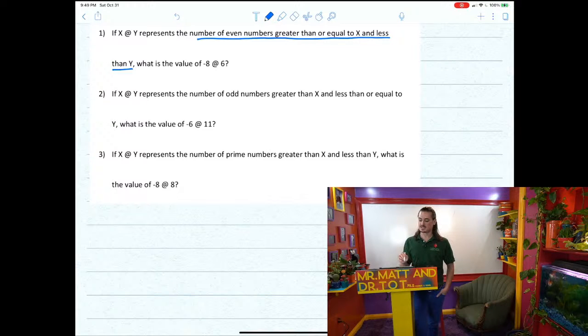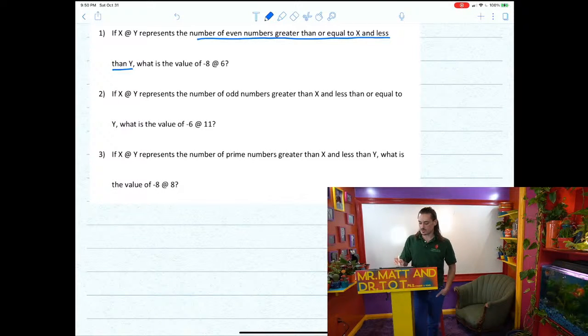Instead, it represents the number of even numbers greater than or equal to the one on the left and less than the one on the right. So negative 8 at sign 6 is asking how many even numbers are greater than or equal to negative 8 and less than positive 6.